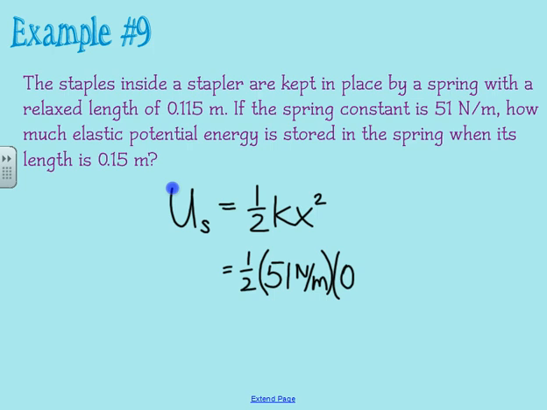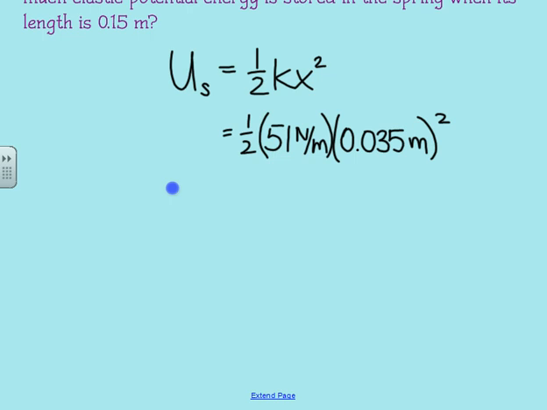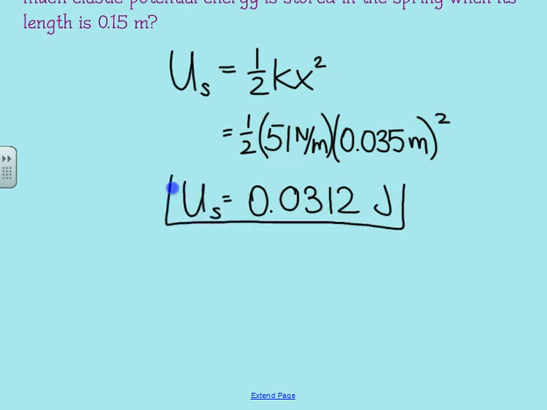That gives us a length of 0.035 meters. And of course, don't forget to square that x. Once I plug that all into my calculator, I end up with a potential energy of 0.0312 joules. A very small amount of elastic potential energy.